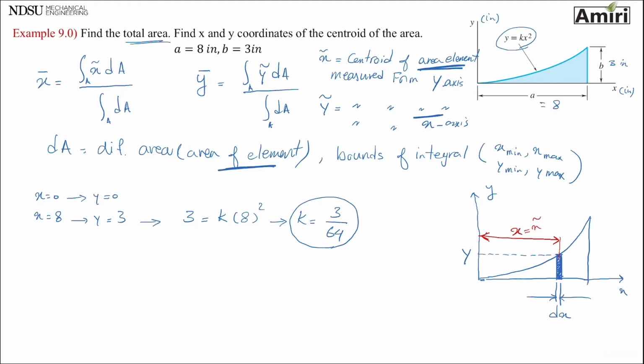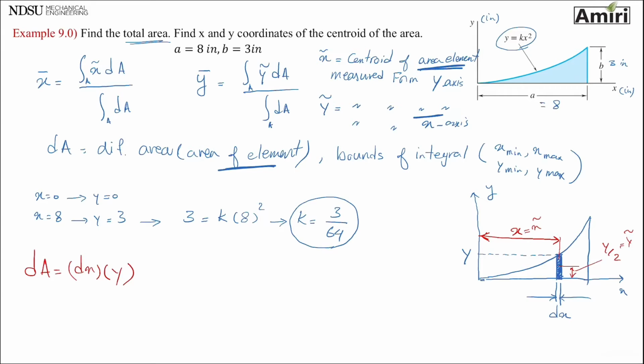It's a rectangle. Halfway is basically y over 2, that is y tilde. All right, so those are those two. Last thing, dA: it's a rectangle, so it's going to be dx by y. That's my area.